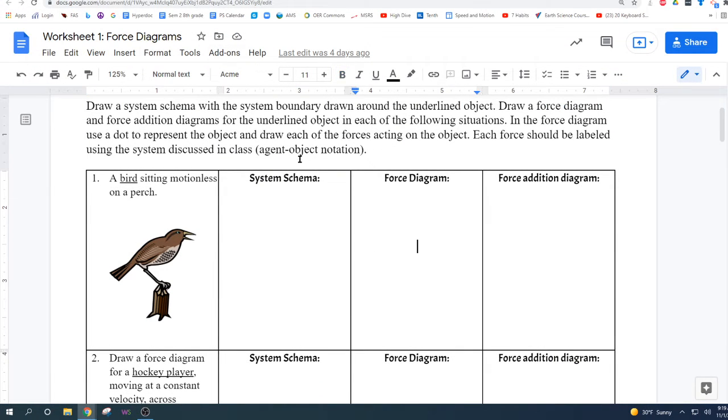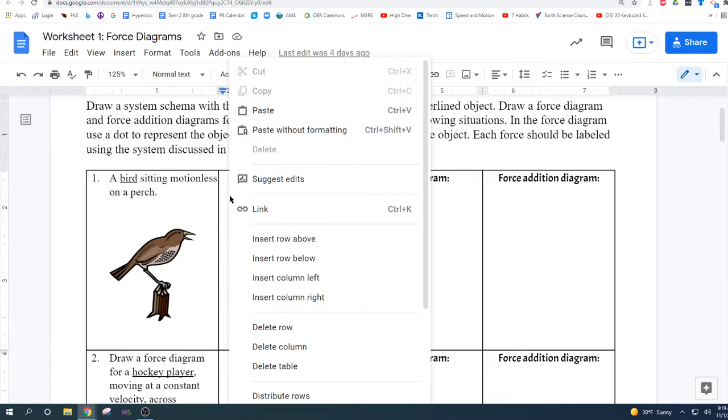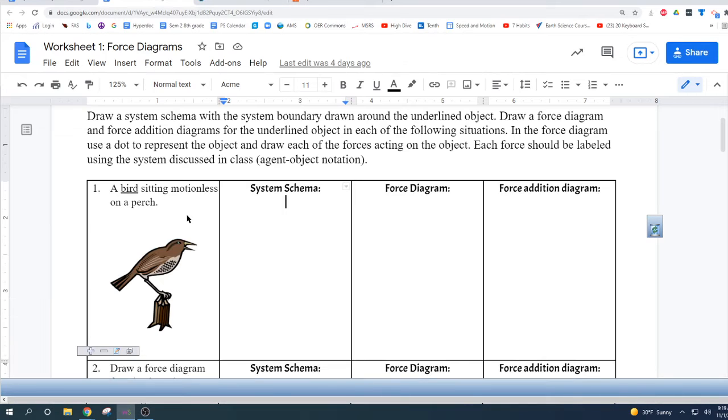When we take a look at what we have going on, we have four different ways to describe motion. We have words, we have something called a system schema, we have a force diagram, and we have a force addition diagram. The system schema is all of those things that are in play.